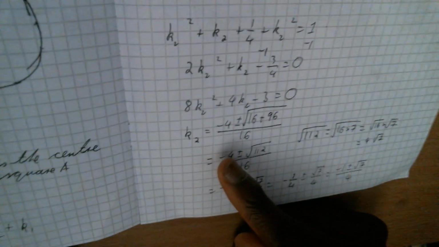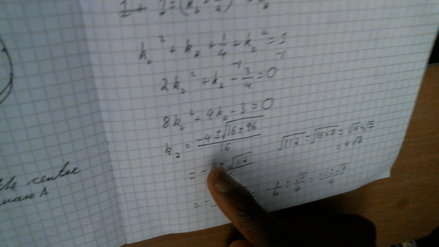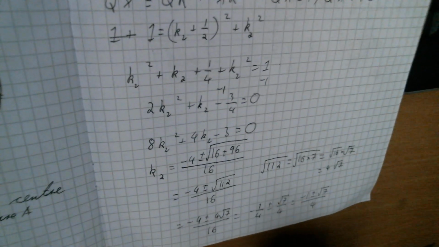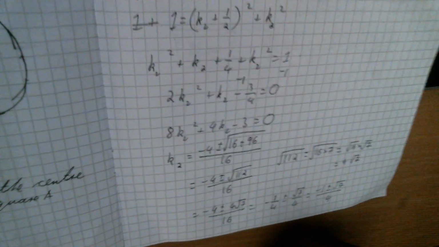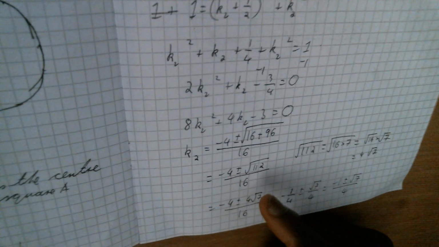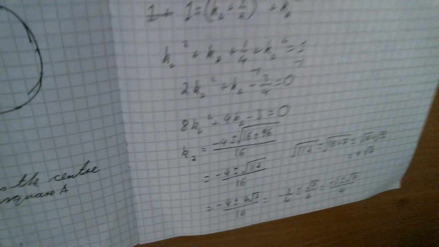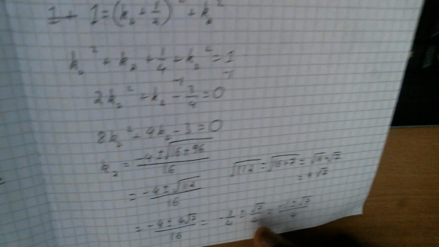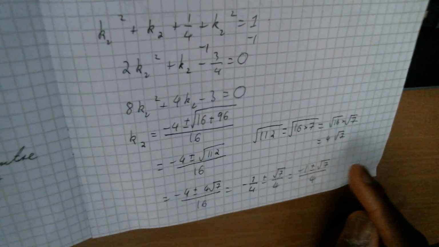We use the quadratic formula to find k2, which is equal to negative 4 plus minus the square root of 16 plus 96 all over 16, and we get minus 4 plus minus root 112 over 16, where we can easily see that 112 is equal to 16 times 7, and root 16 times root 7 is equal to 4 root 7.